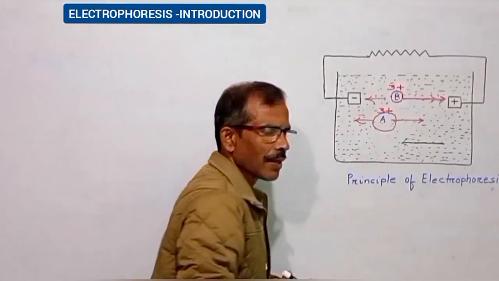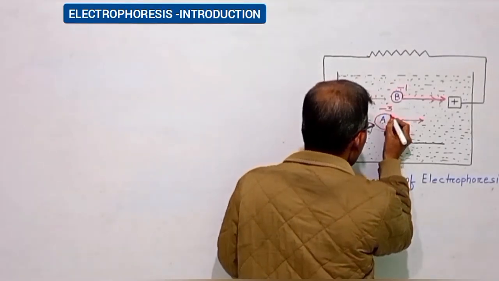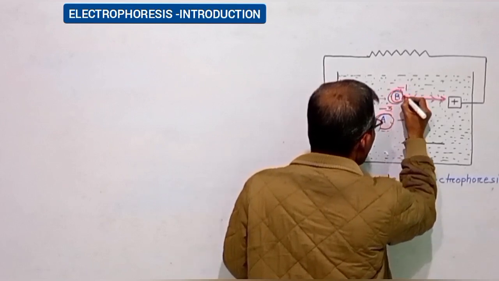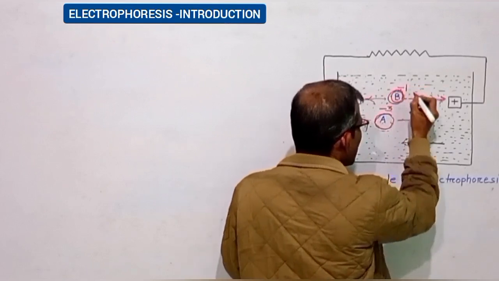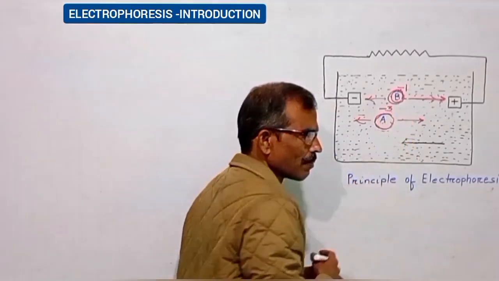In the third example, A and B have identical size and shape, but B has only one unit of negative charge, whereas A has 3 units.